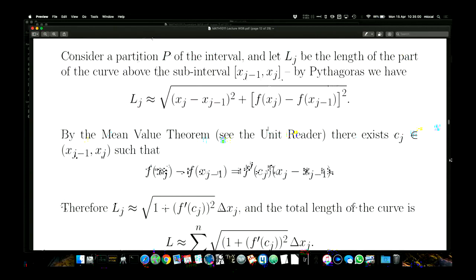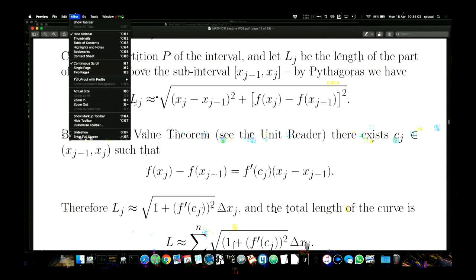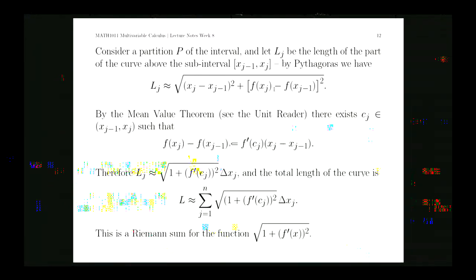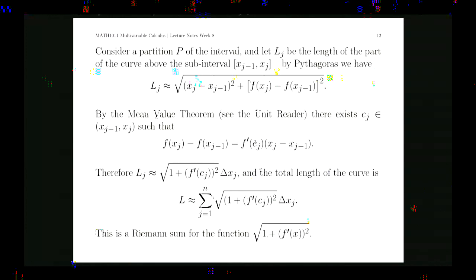Now, if I replace this bit in here with this, you'll notice I get this squared plus this bit squared times this bit squared. Now I can take the difference of the x value squared outside of the square root sign, and just take the positive square root because I'm interested in the length.